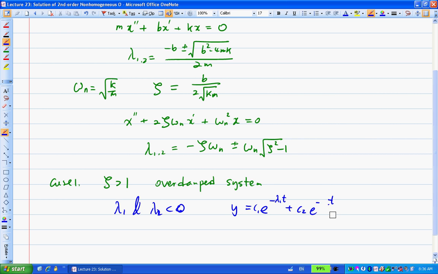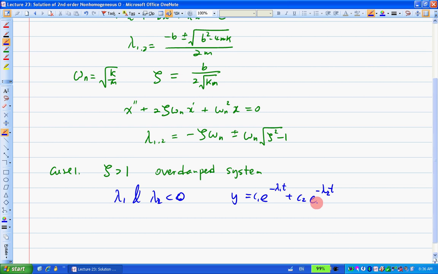So you can see now the general solution contains two exponential functions with negative exponents, two exponential decay functions, right? So there's no oscillation. This is why it's called overdamped.